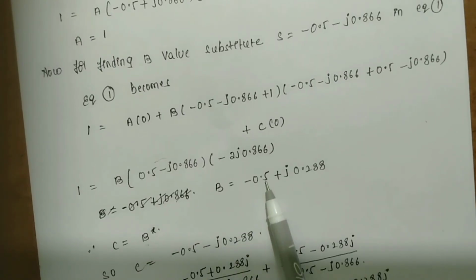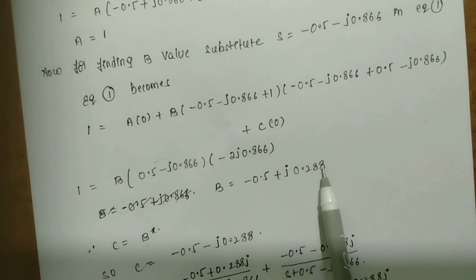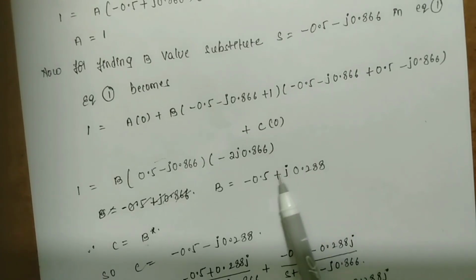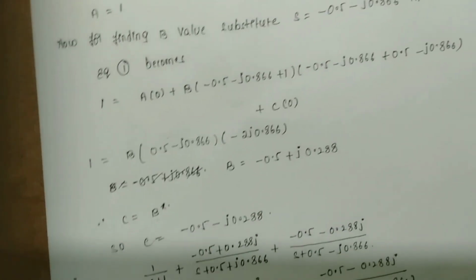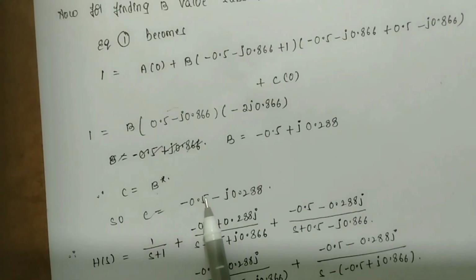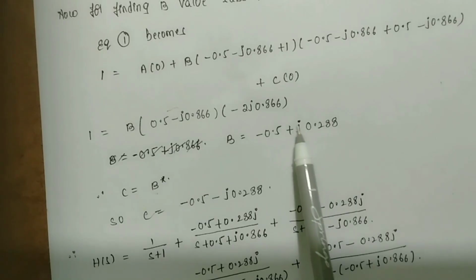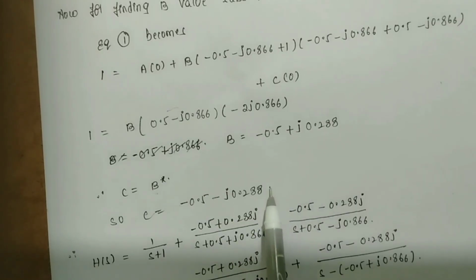The conjugate of minus 0.5 plus j into 0.288 is simply changing the sign of the imaginary part. So c is equal to minus 0.5 minus j into 0.288, so you got the a, b, c values.